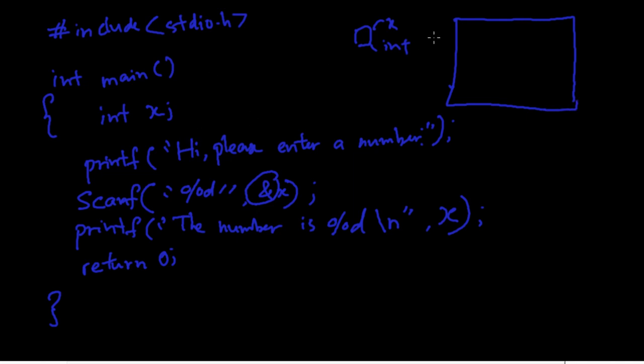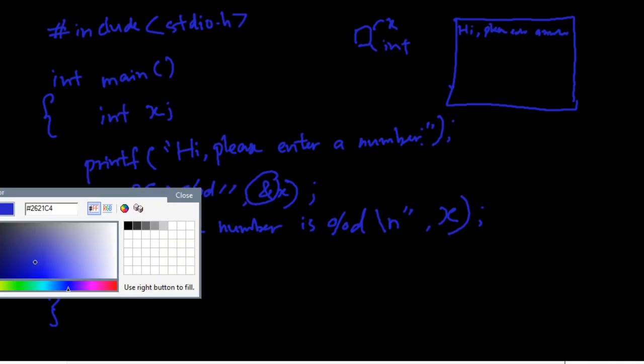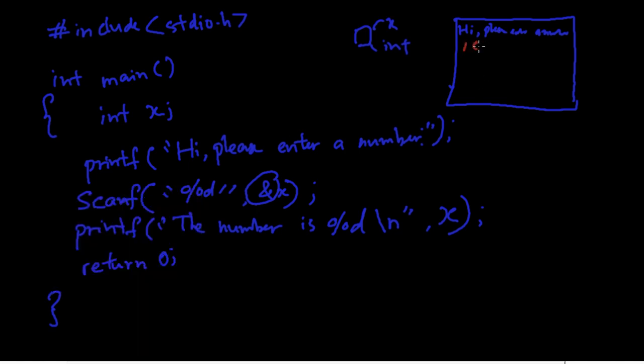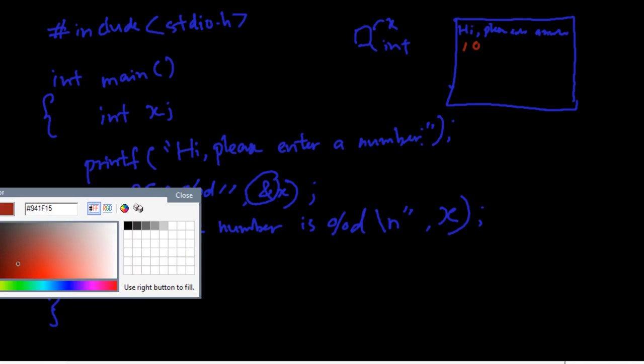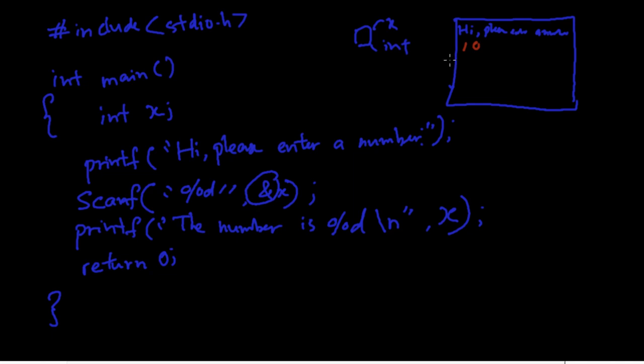Okay, hi, please enter a number. So what if the user enters 10? Let's say, okay, I'll use red for values entered by the user. 10. Then next, what the program will do is this: the number is 10, right?